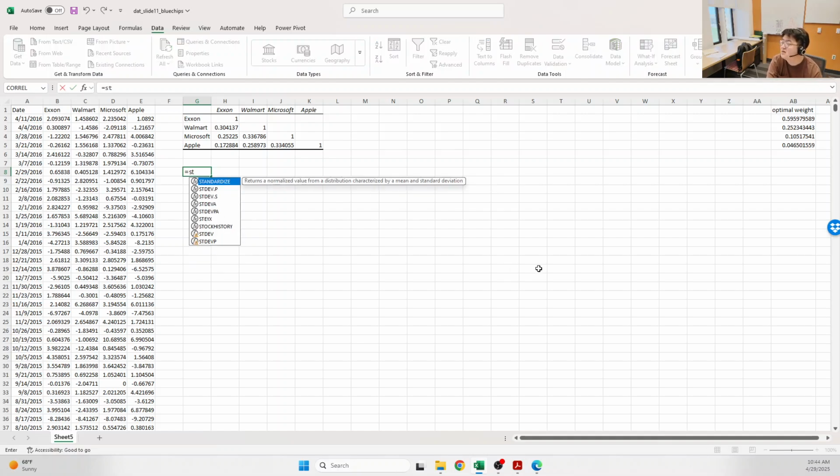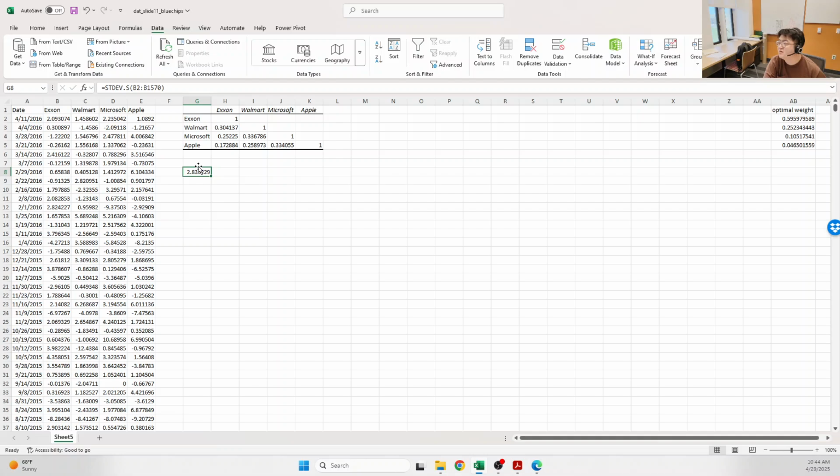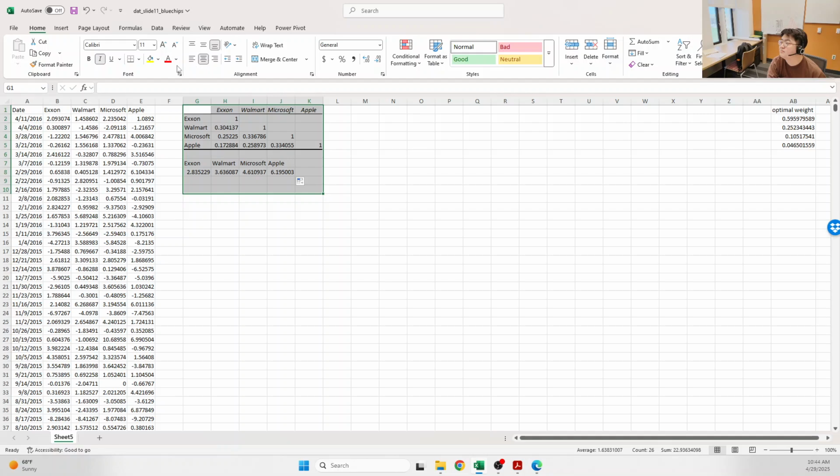let's calculate standard deviation too to compare the standard deviations. So the standard deviations are calculated this way. So let me increase the font size.